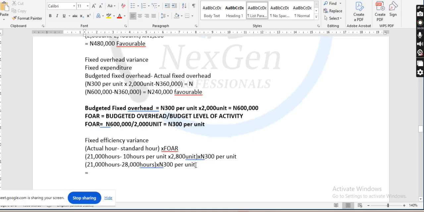No. So this should be standard rate or standard hour. This is efficiency, right? This is hours, and I wrote 300 naira per unit. It should be 30 naira per hour. Can you see it?